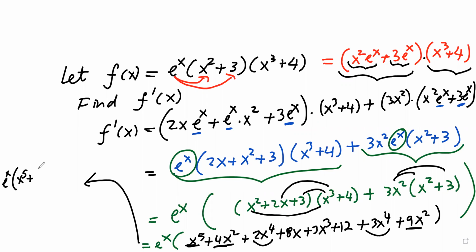So that's 5x to the 4 plus. Now I will do the cube one, and the cube one I just have 1, so that's 3x cubed. And then the x squared, I have 4 plus 9, that's 13x squared. And I have 8x and plus 12, so plus 8x plus 12.